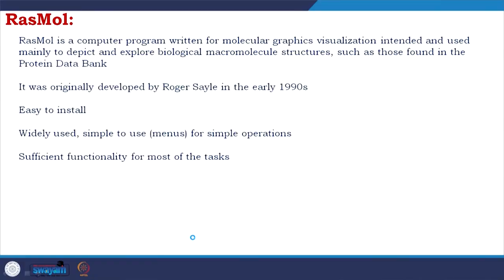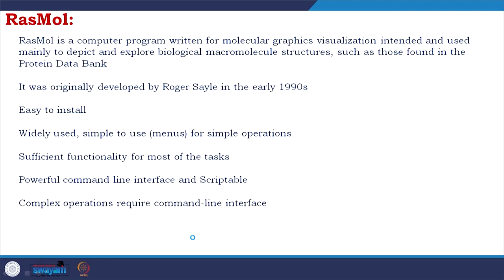Widely used, simple to use for simple operations, sufficient functionality for most of the tasks of representing the 3D molecule, a powerful command line interface and it was scriptable, complex operations required the command line interface, and open source, freely available. You get the link of the binaries. Also, one of the strongest things is having stereo vision.